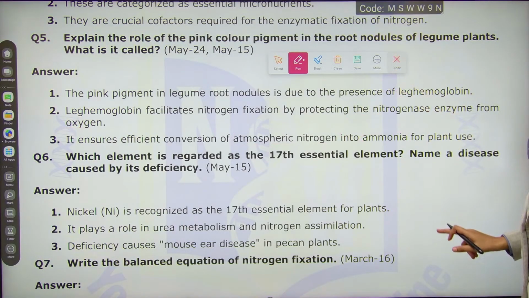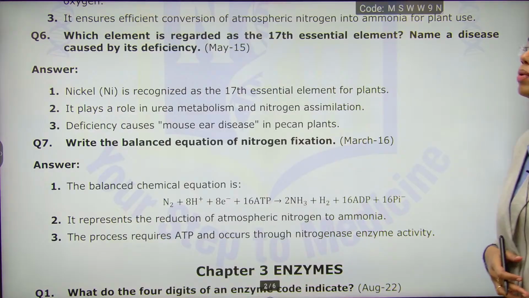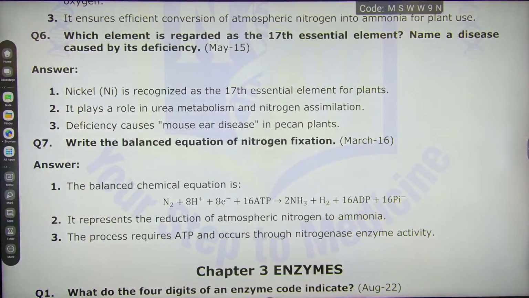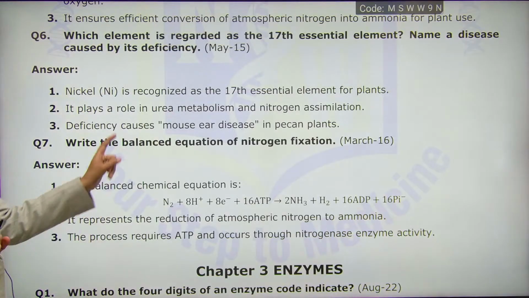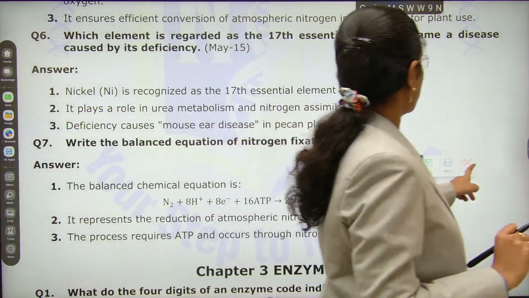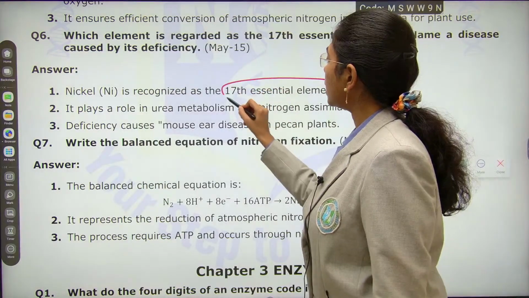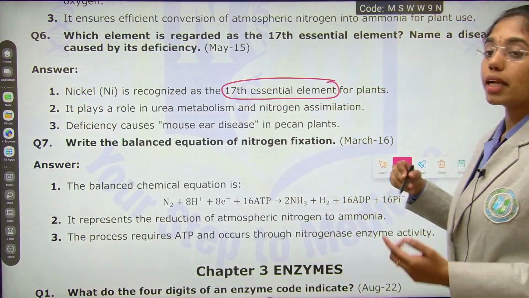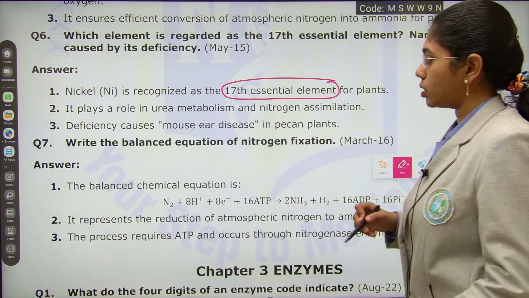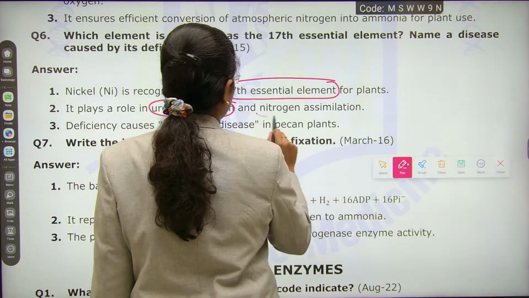Next, which element is regarded as the 17th essential element, and name a disease caused by its deficiency. Nickel is recognized as the 17th essential element for plants, and it plays an important role in urea metabolism and in nitrogen assimilation as well.